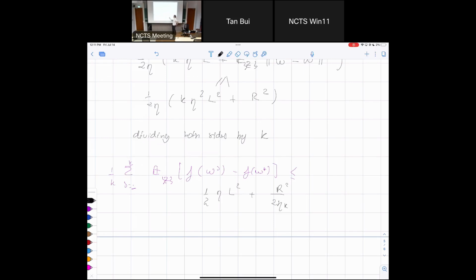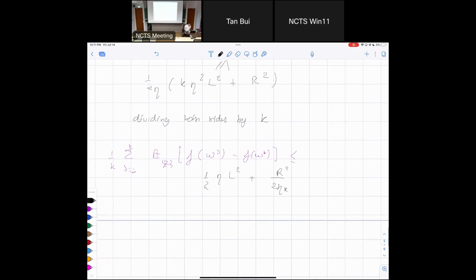The best eta is the one that makes this upper bound the smallest. What is the value of eta that makes this smallest? What is the famous inequality that we use again to make the right-hand side smallest? What is the inequality we used a couple of times before, that has two names?